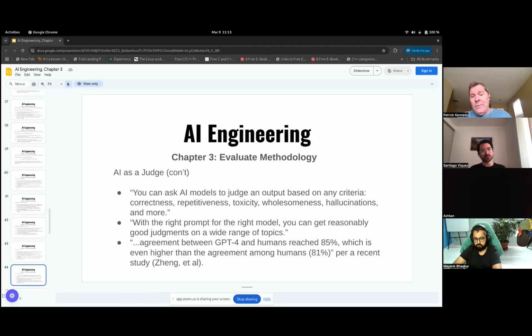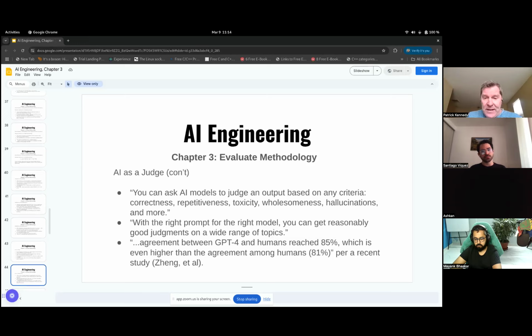Agreement between GPT-4 and humans reached 85%, which is even higher. In other words, the judge was GPT-4, and humans also believed in the same thing, and there was 85% overlap, which is higher than agreement among two humans evaluating question after question, which only scored 81% in a recent study.